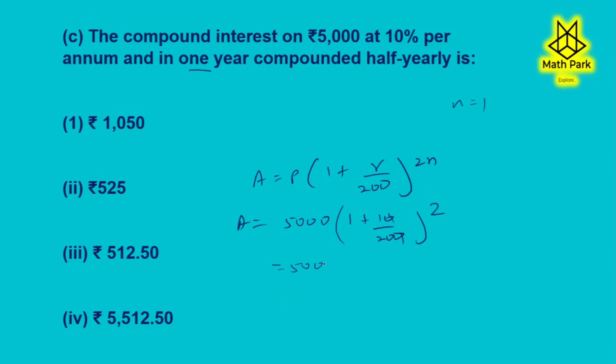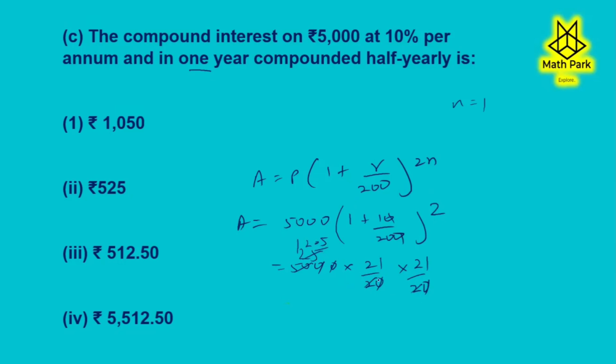Simplifying this, you get 5,000, 20 is the LCM, 20 plus 1, 21 upon 20. Since the power is 2, so multiplying twice. Let us simplify. So we get 2 and then 25, 12.5.